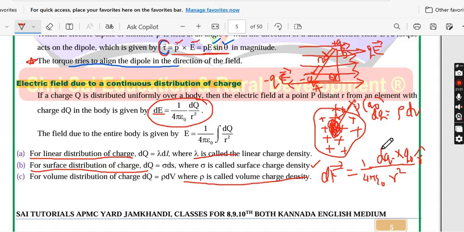If you substitute the dq value, you will get the volume distribution of charge. So dF bar will be 1 divided by 4 pi epsilon naught into rho into dv into q naught divided by r square into r cap. This is all about the electric field due to a continuous distribution of charges. I hope this concept is clear to you guys.